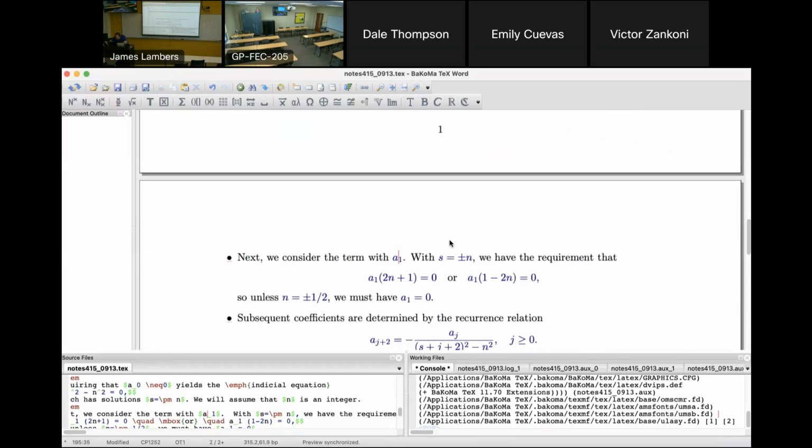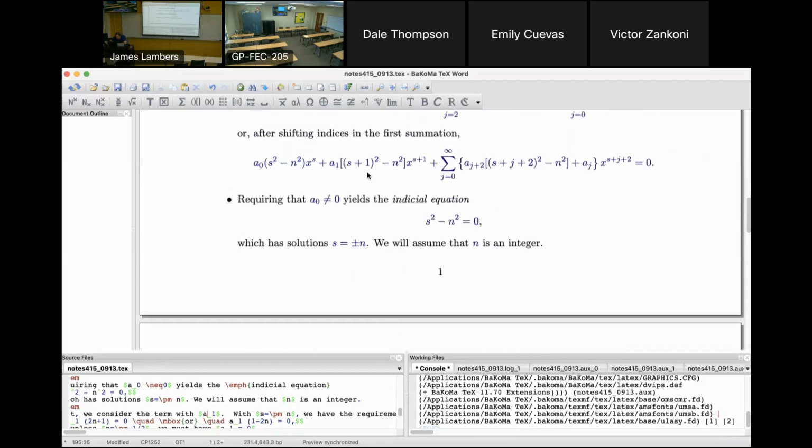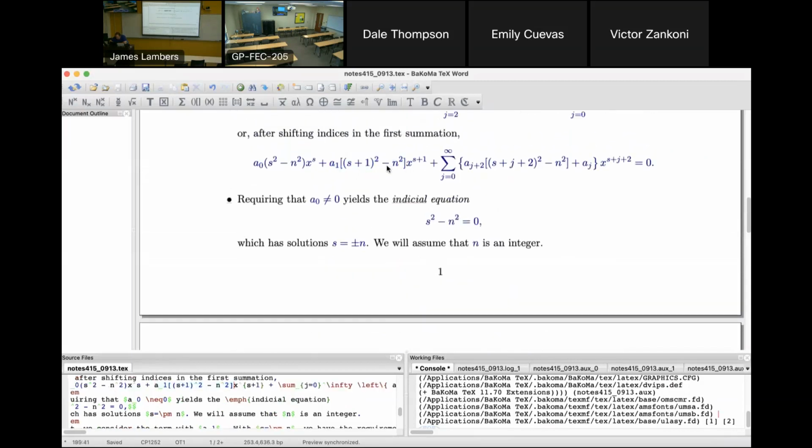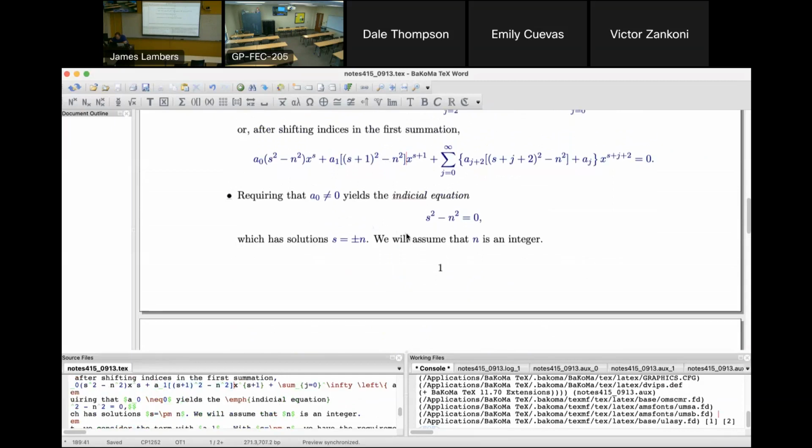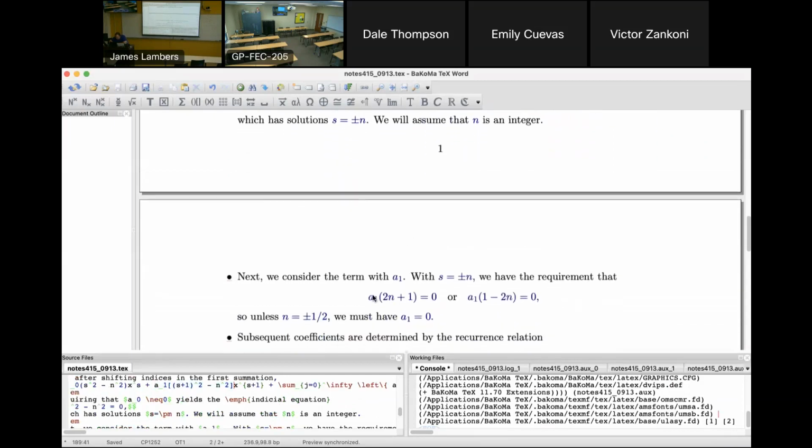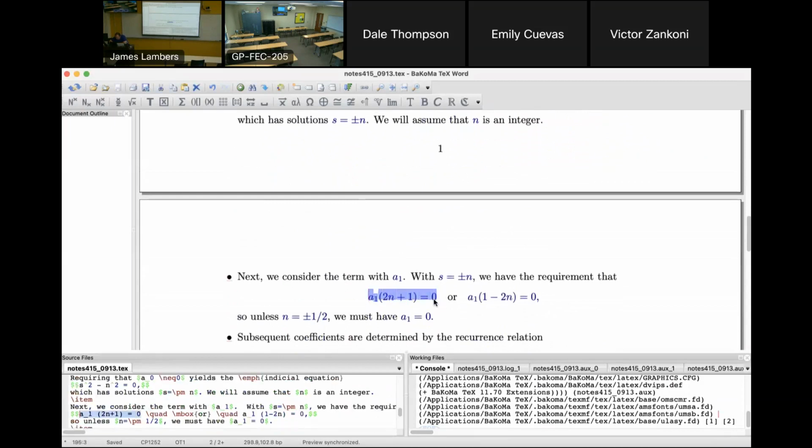So if I go to this term right here, a1, and I set s equal to n or minus n, and then simplify as much as I can, this is what I get in the case of s equal plus n, and this is what I get with minus n.